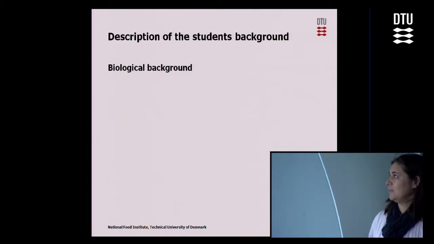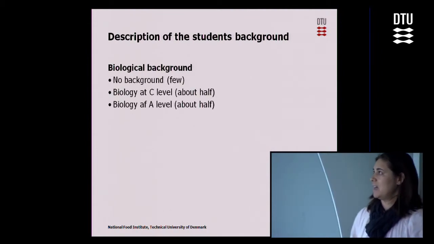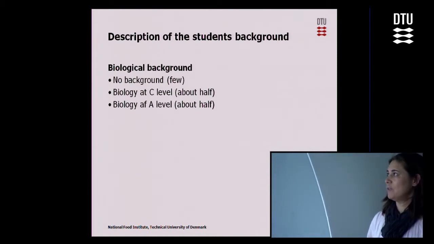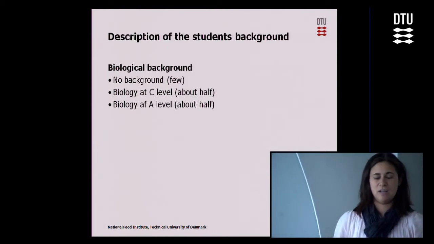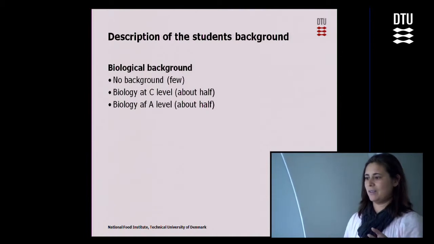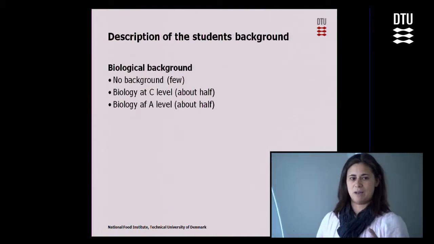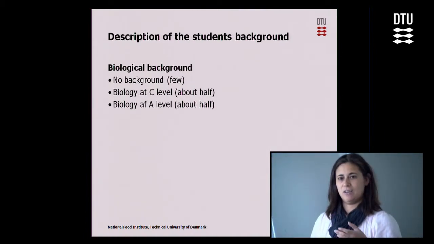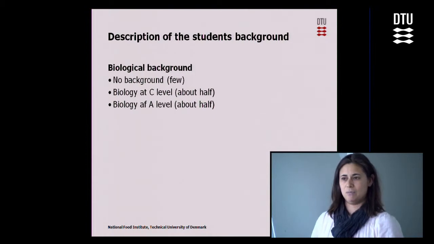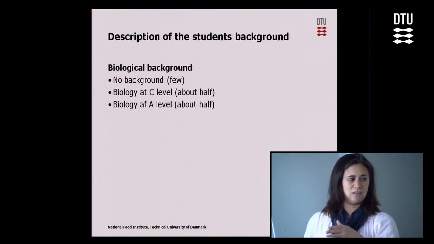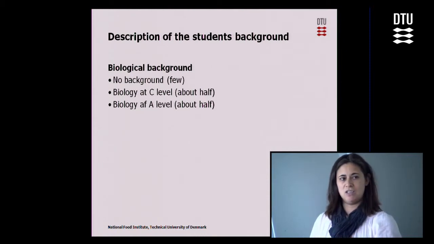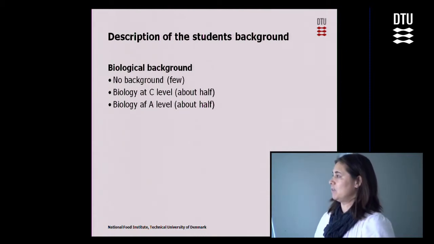I looked a little bit into the students' background some years ago when I made a survey of the students, and there are a few who have no background in biology, because they have done, maybe one was a taxi driver and did some math and physics and chemistry that allows you to start here at the university, but biology is not one of the courses that are required.